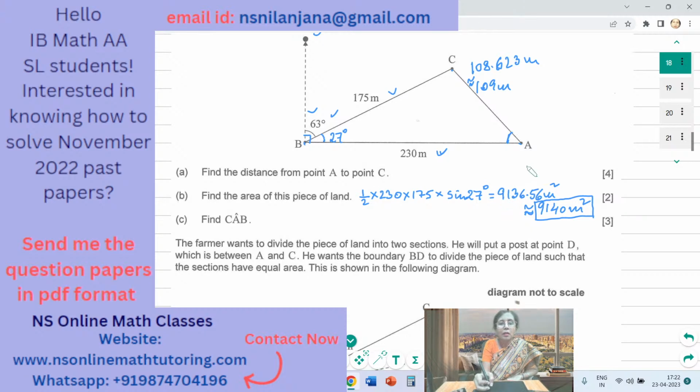Let me do the calculation over here itself, because the diagram and the question can both be seen. We can use the sine rule for this.